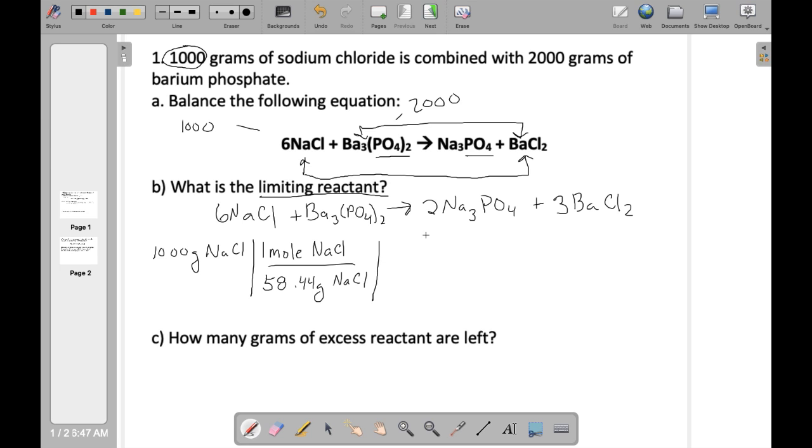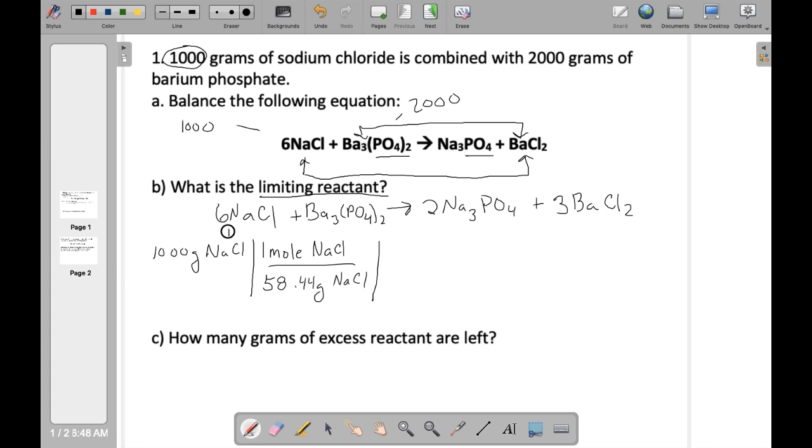I will now convert this to moles of barium chloride by looking at the mole ratio. So, make sure you use your balanced reaction, your balanced equation. I can't tell you how many times I've done this, and then I go back and I realize it wasn't balanced, and now you have to do the whole thing over again.